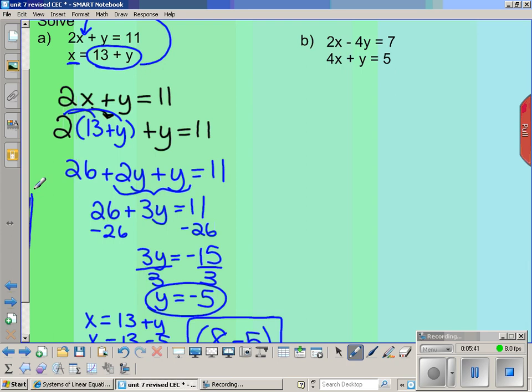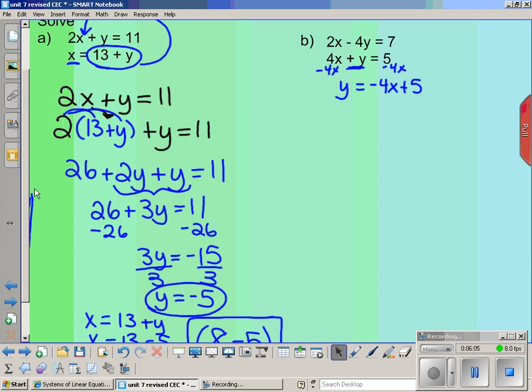So in this one here, this variable y in that second equation has a coefficient of +1. So that's the variable we are going to isolate. So we need to subtract 4x from both sides, and we will have y equals -4x plus 5.